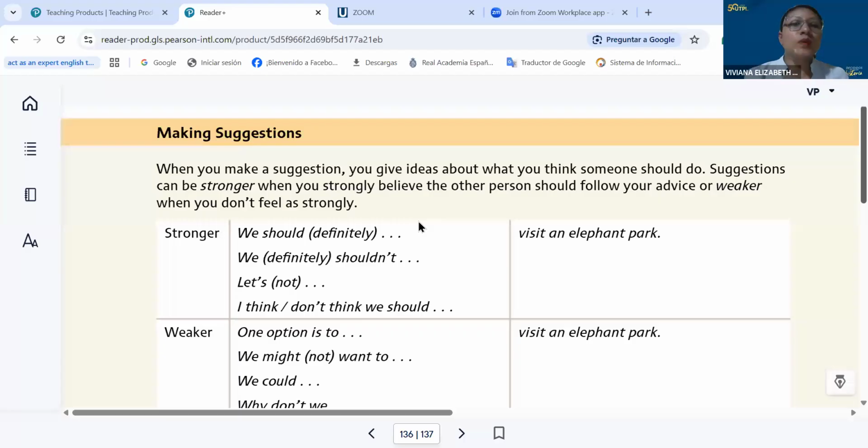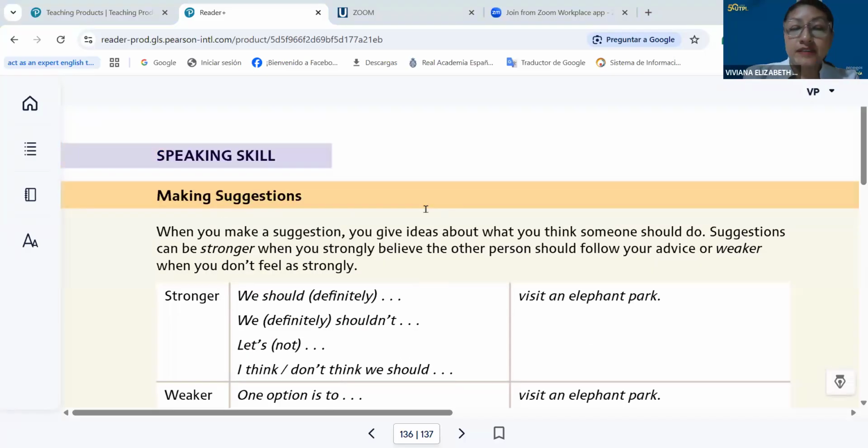Okay. Well, this is part of the speaking skill, but it also contains a part of grammar here. It's important to remember that you can make suggestions by using modals, but of course, we have some other phrases that help you make suggestions.